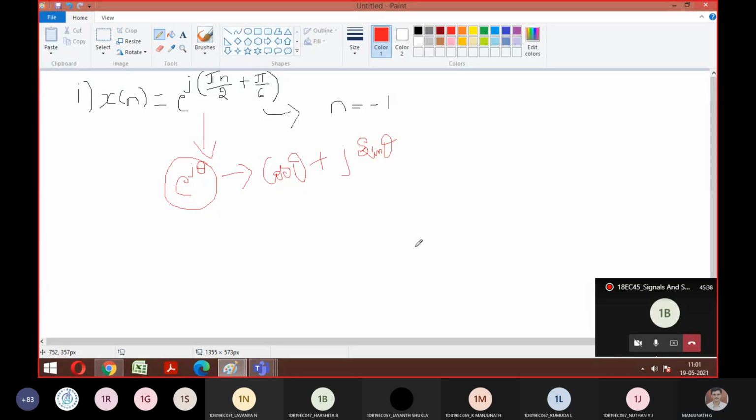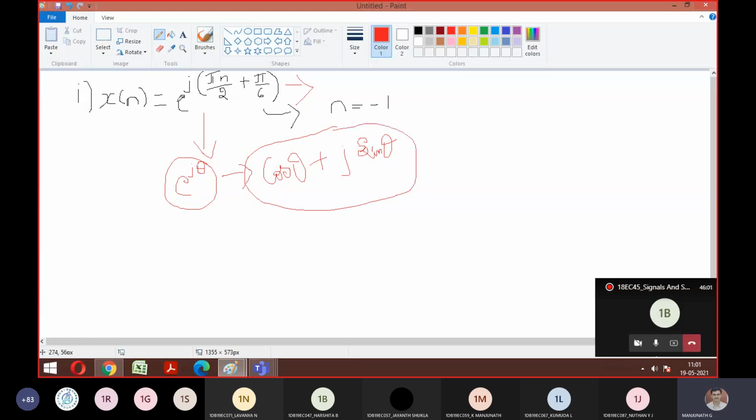Even though, from the first category, after giving n values you proved it is not finite duration, it is infinite duration, you are getting the values. But in order to proceed and check what type of answer I'm going to get, we have to deal with this with respect to the trigonometric function.